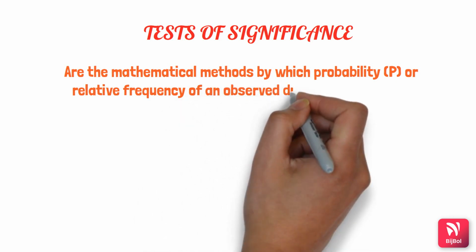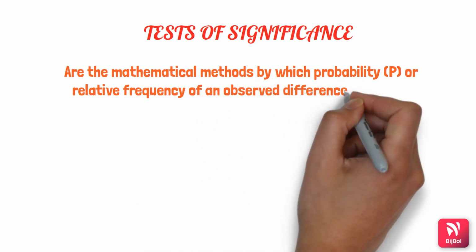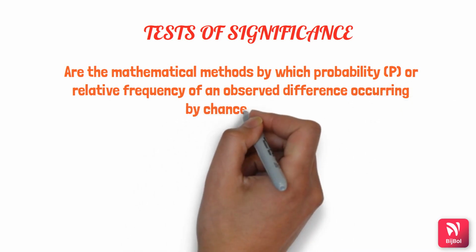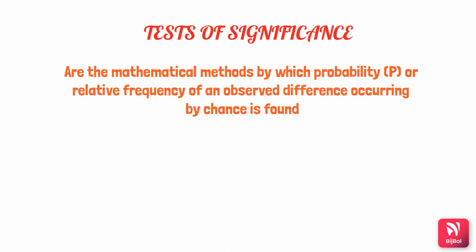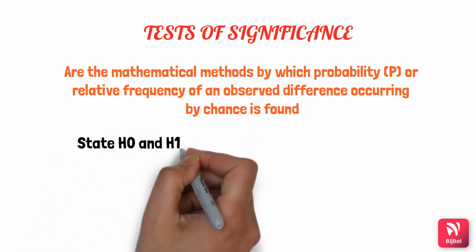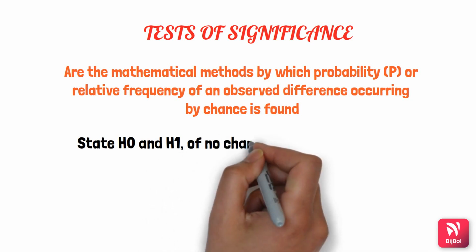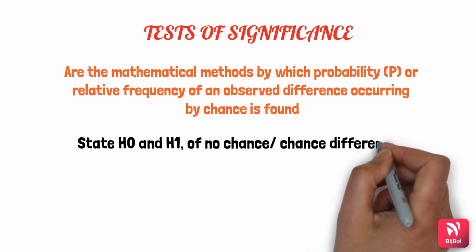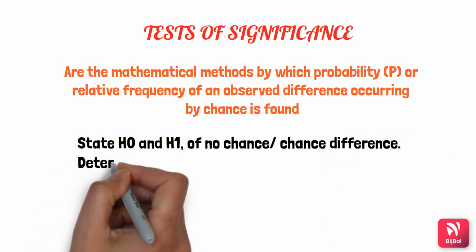Now, why do we do this test of significance? After doing a research, we get the information. Based on that information, you perform this mathematical test. Based on the mathematical test only, you get a value, and that value interprets your exact result of the research.